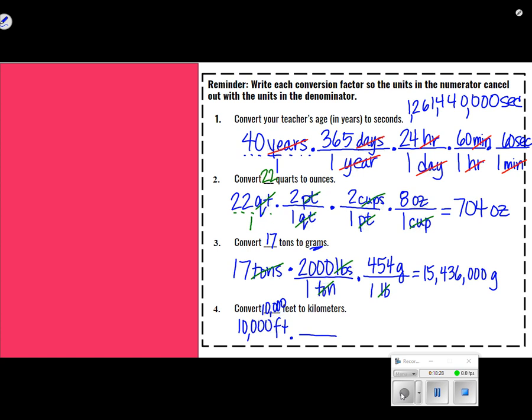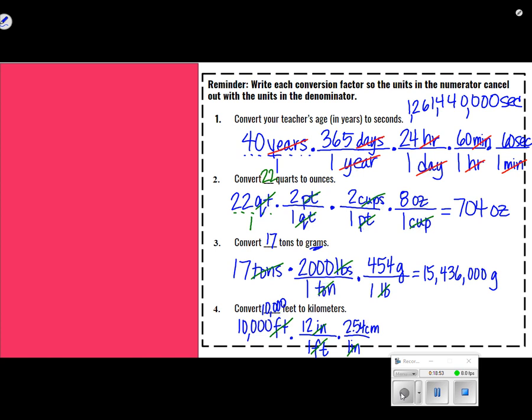So I need how many inches are in a foot. In 1 foot there are 12 inches. And then that means that in 1 inch there are 2.54 centimeters. Oh, let me go back and cancel my units. Cancel, cancel. 1 on top, 1 on bottom, so I'm left with centimeters.